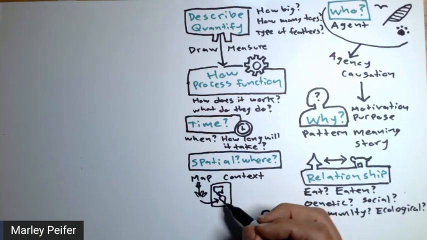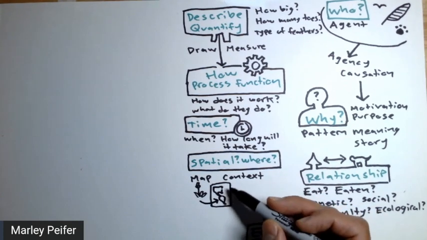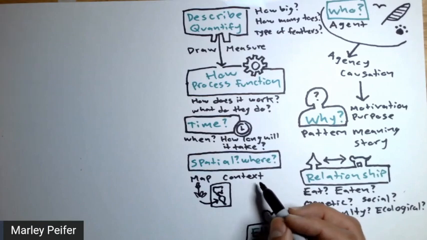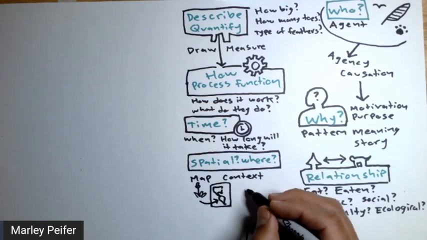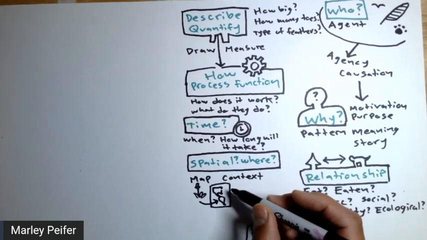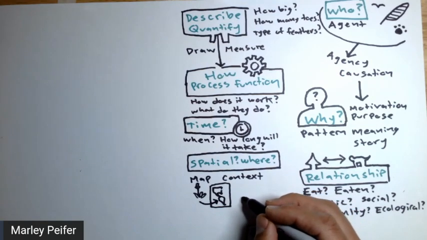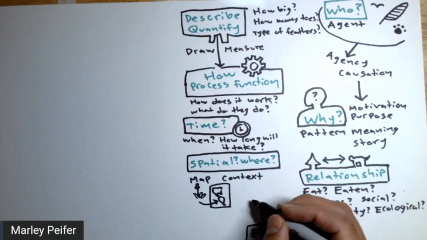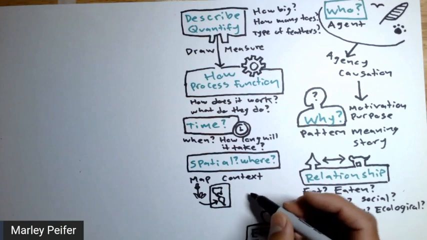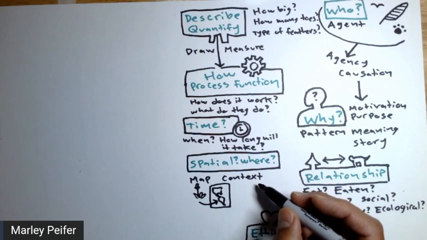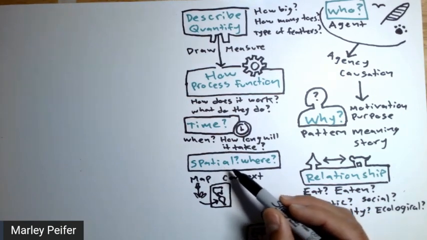So this one comes from the west coast of South America, based on my quick sketch there. So context, where in the world, what else is around it in that area? Where is it on a mountain? Is it high? Is it low? Is it near water? So these are all really interesting contextual questions about space.